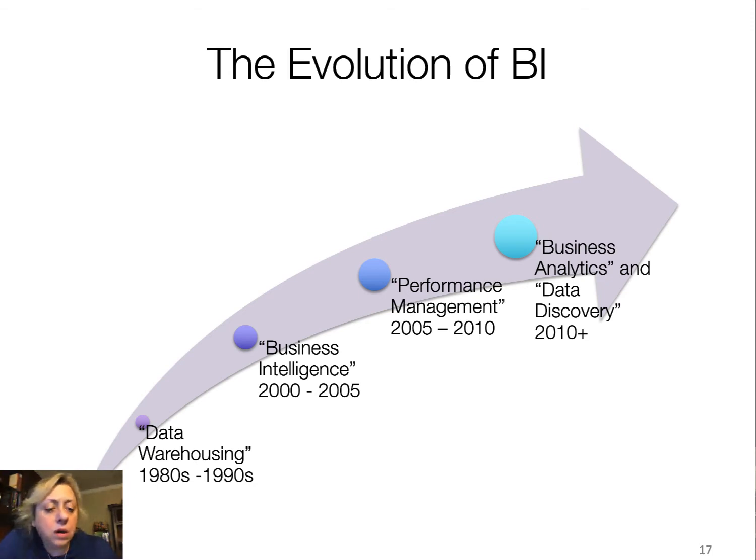Then we started to talk about business intelligence between 2000 and 2005, and then we moved into analytics and business analytics after 2010. So it wasn't a long time ago, one decade, when analytics started to evolve.